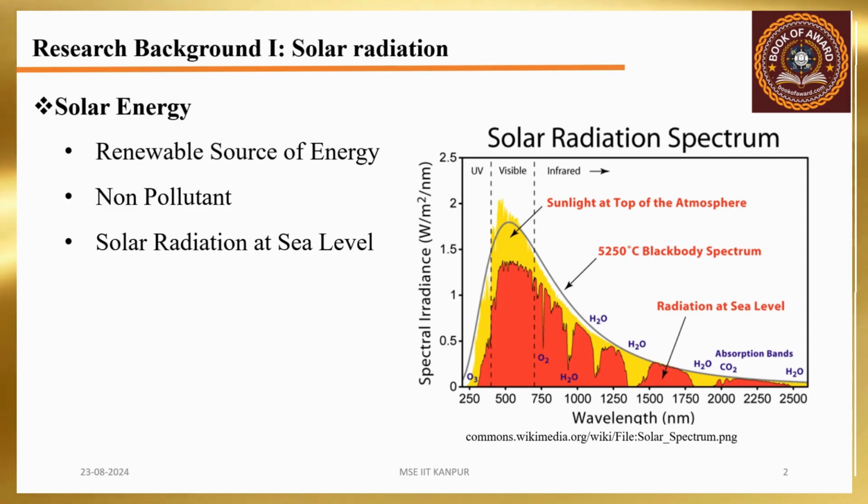Here, the yellow region shows the sunlight at the top of the atmosphere and the red region shows the solar radiation at sea level.